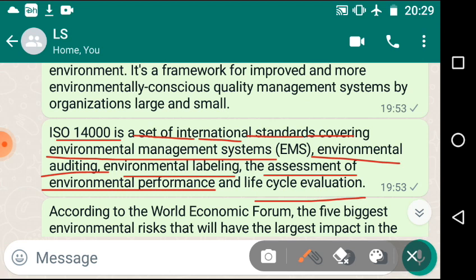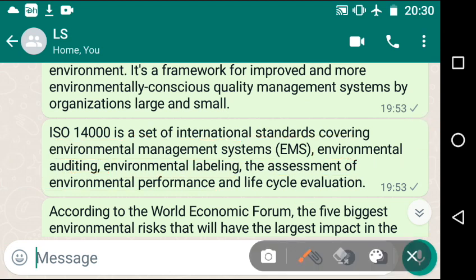So normally ISO 14000 is based on these things. That means ISO 14000 covers the EMS, that is environmental management system. I will discuss the environmental management system here with respect to ISO 14000.